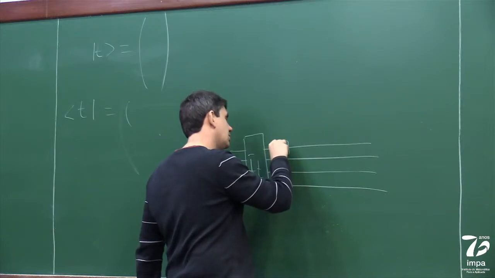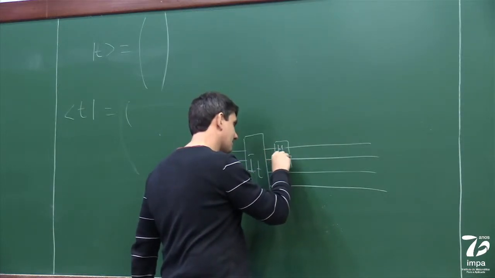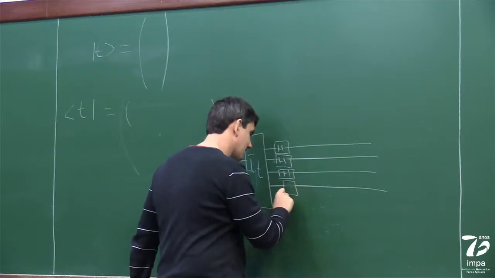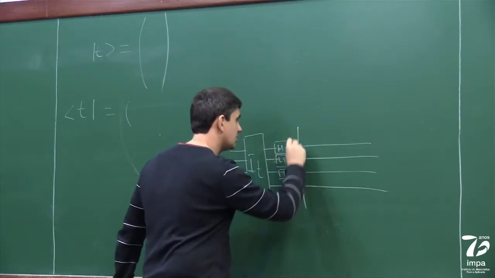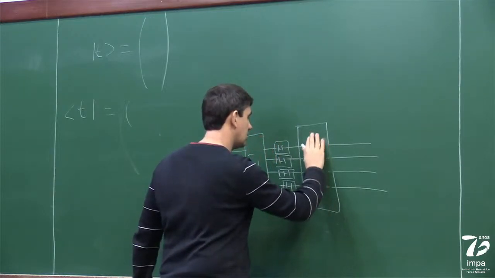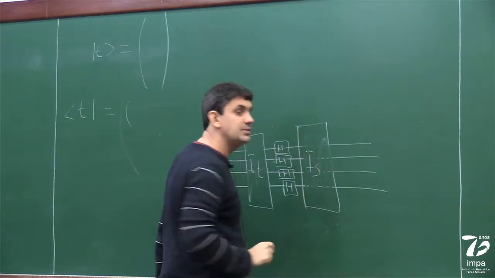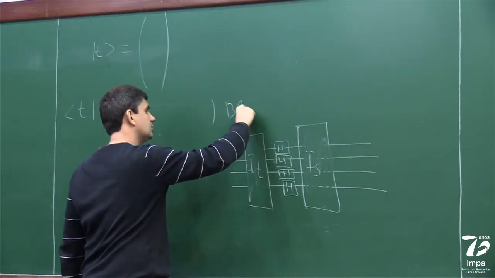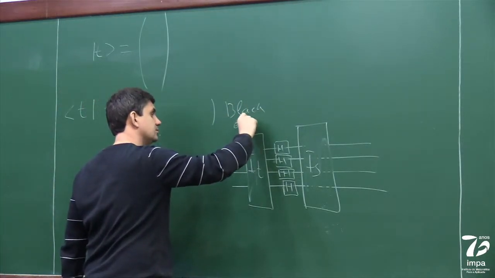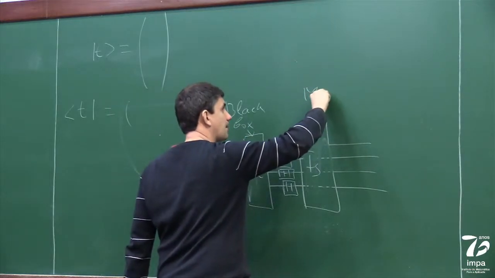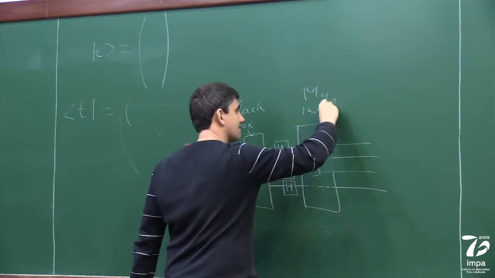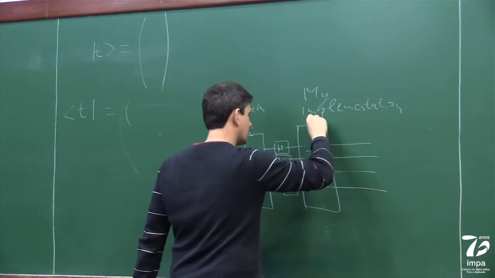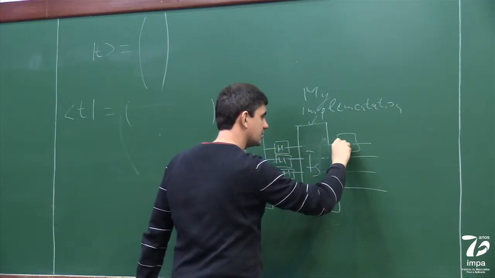So I just put H's here. After this, I put IS, which is implemented by me. It's not a black box. So this is the black box, and this is my implementation. And after this, I do once again H.